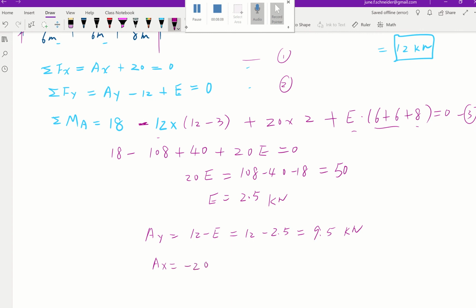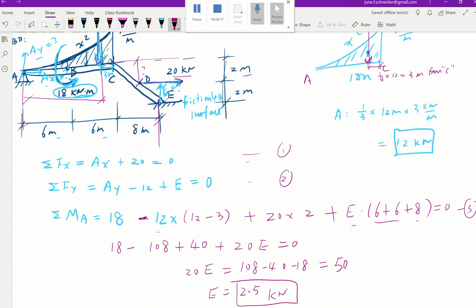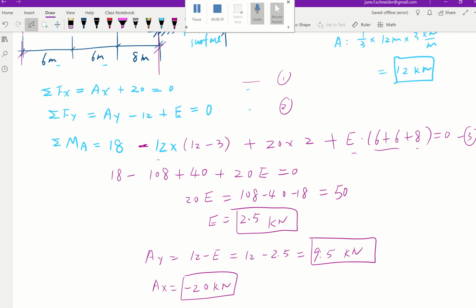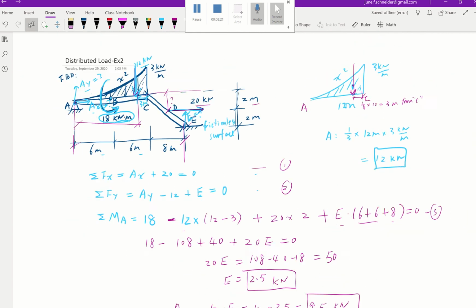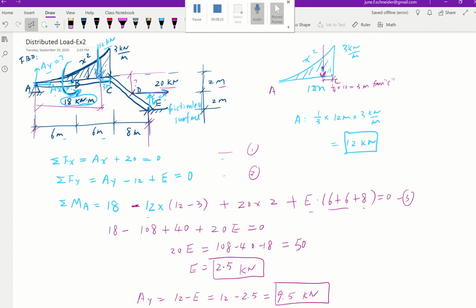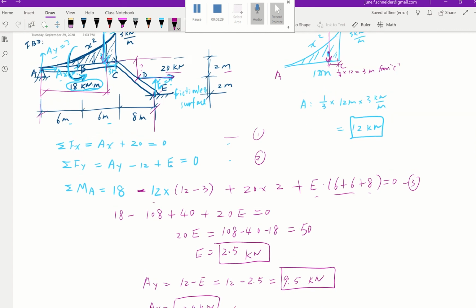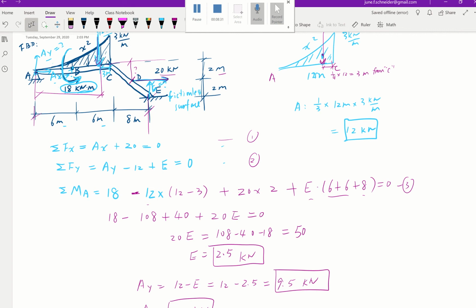That's equal to negative 20 kilonewton. So those are our answers. AX being negative just means we guessed wrong initially. However, you don't need to go ahead and change the direction on your FBD. It just means AX's true direction is pulling to the left.